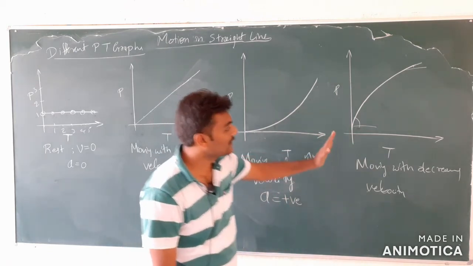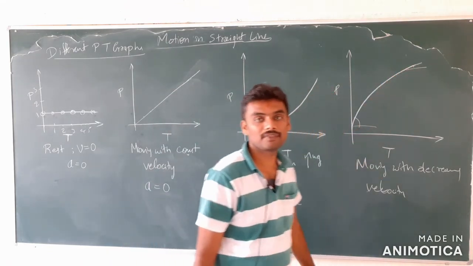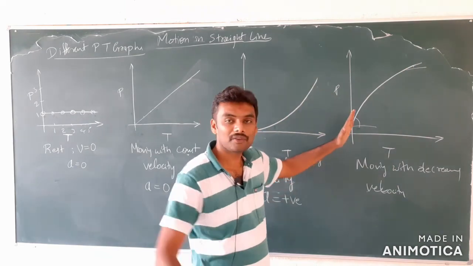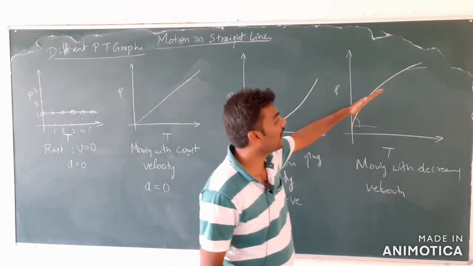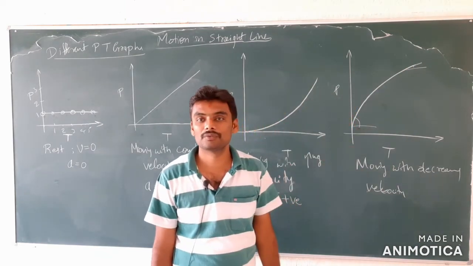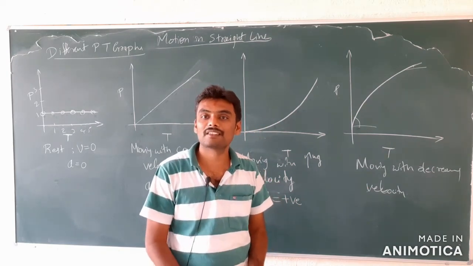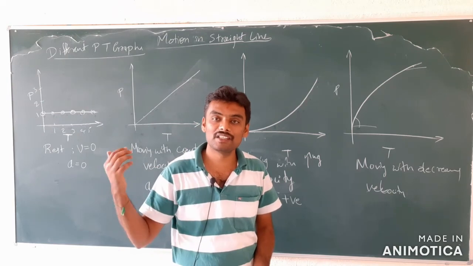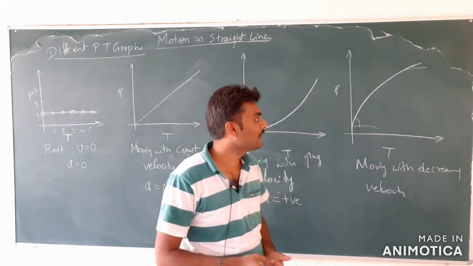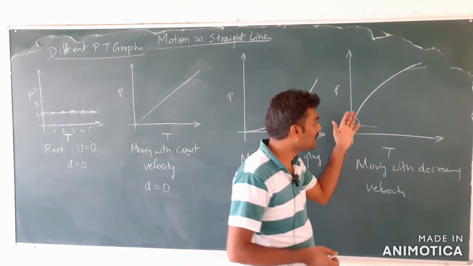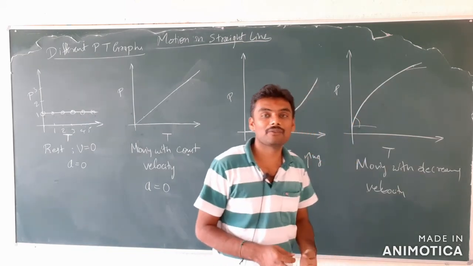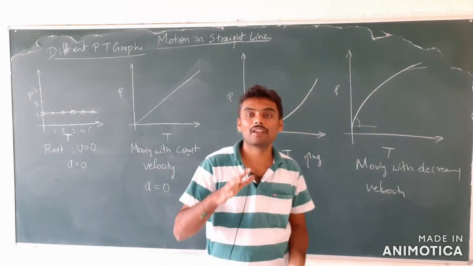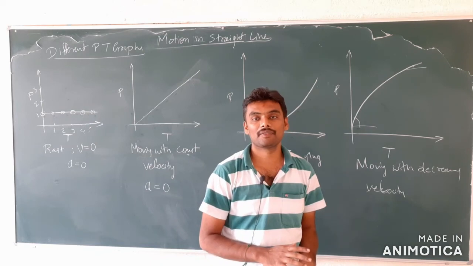Okay, and for this decreasing velocity, initially it had very good speed, but gradually the speed decreased. What is this case? This case is retardation, isn't it? The velocity is decreasing for the body. When does it happen? It happens when the brakes are applied, isn't it?